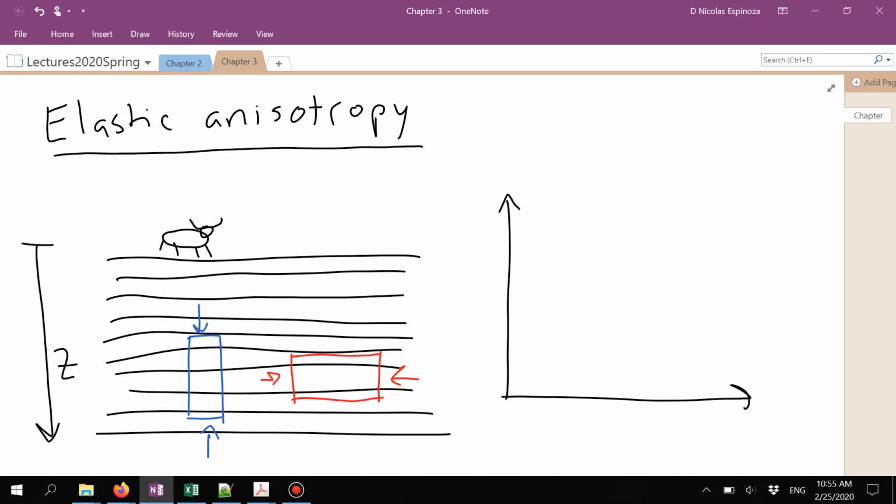If you remember, we measured the Young modulus by quantifying the change of stress related to a change of strain.